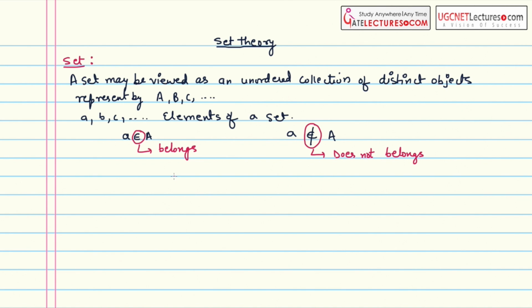Generally it is a fact that a set is completely determined when its members are formally specified, which is called the principle of extension.